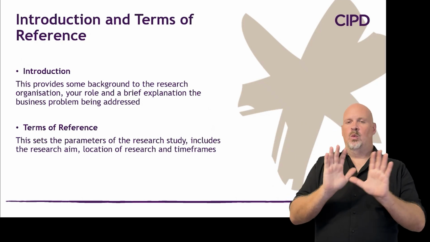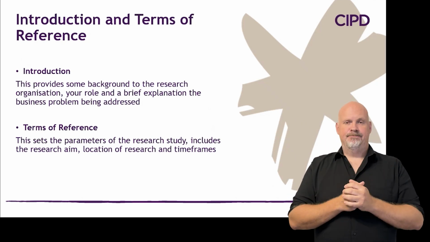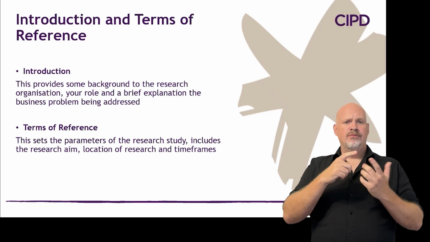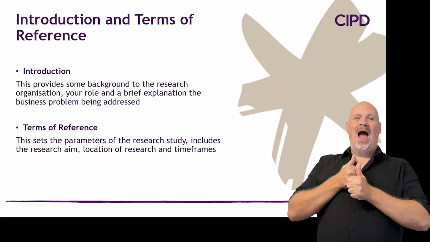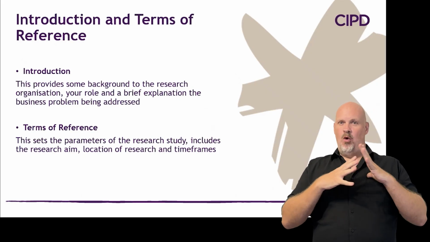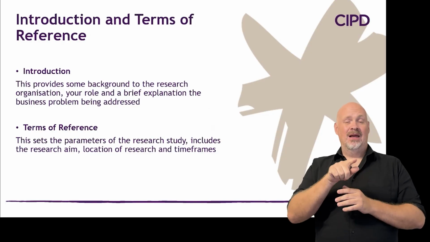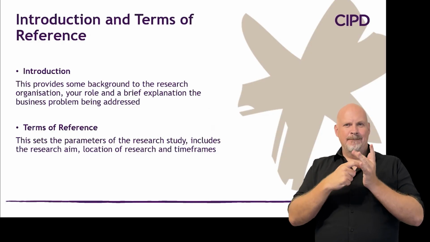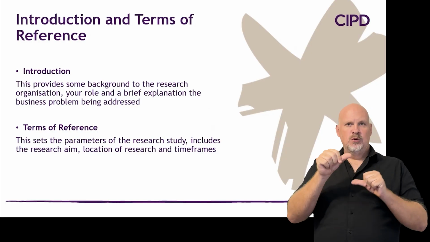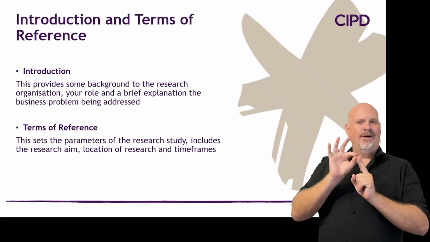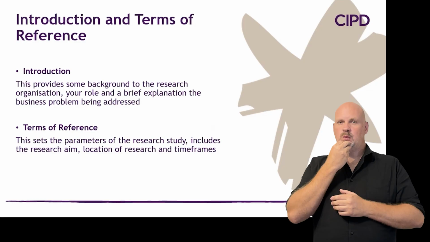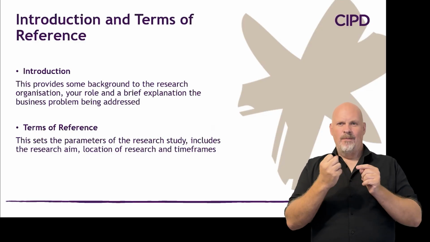Now, there are many different people issues that you might choose to base your research upon. Some key examples might be staff retention. If there's a particular area of the business that is suffering from significant high turnover, you might look at how to develop some effective retention strategies to reduce staff turnover.